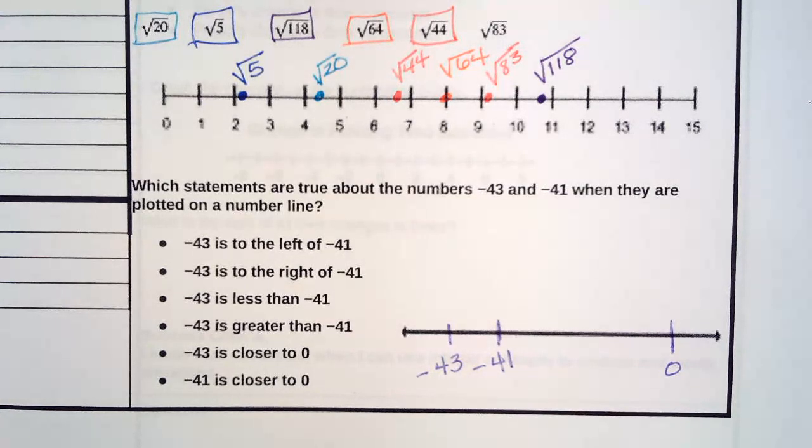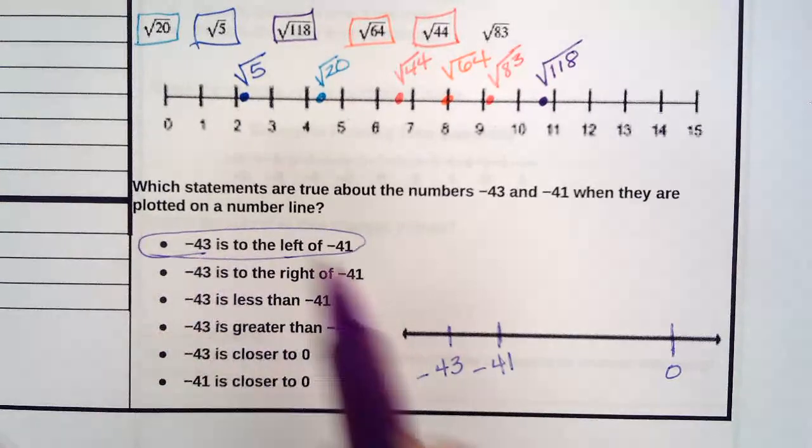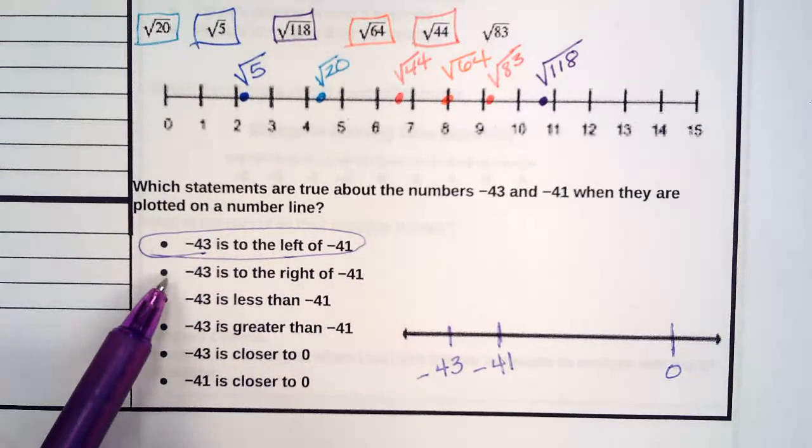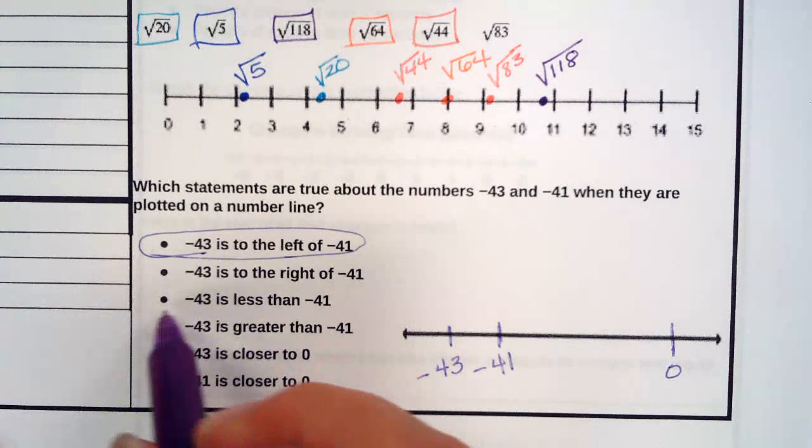So if we're looking at this, now we've got that picture in our head. Is negative 43 to the left of negative 41? Yes. Well, if it's to the left, it cannot also be to the right. Is it less than negative 41? Yes.